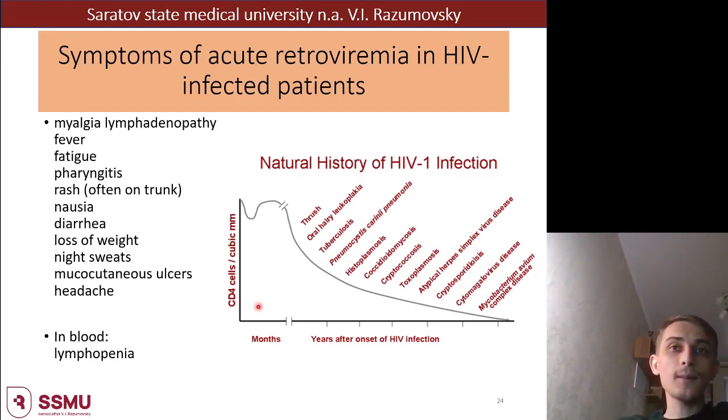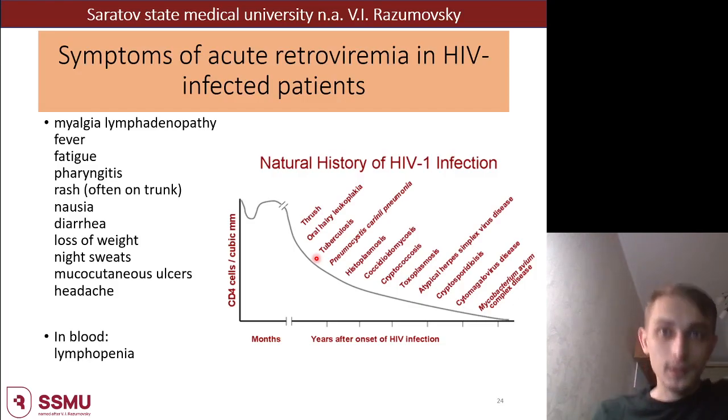And we may see some periods of this infection. The first period is the period of incubation, and the incubation period of HIV takes sometimes from 6 months to 6 years, and it's a really different type of development of infection in different patients.